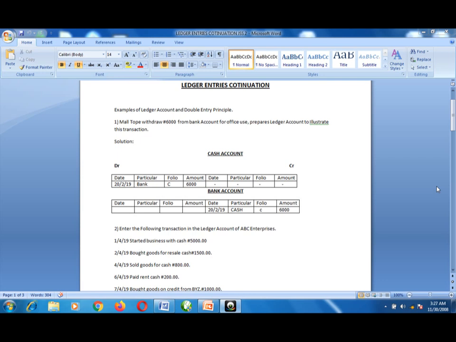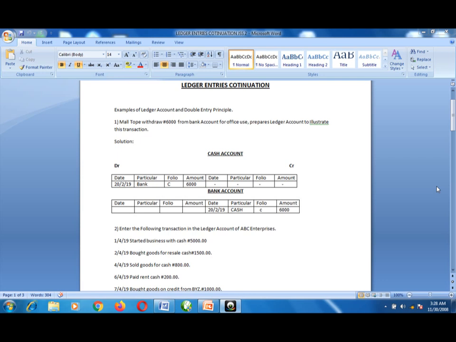Date, particular, folio, amount at the credit side as well. That is what we call double entry. When you are preparing any account, you have to follow that principle. The headings will appear at the debit side and at the same time at the credit side.